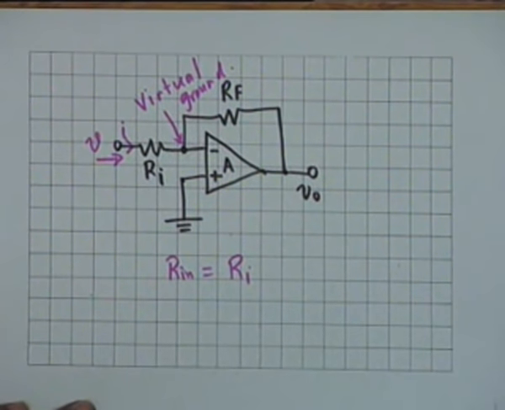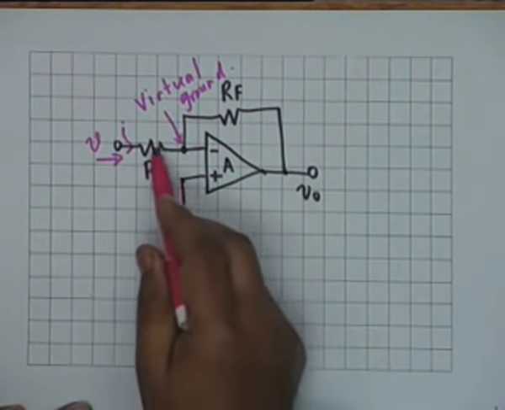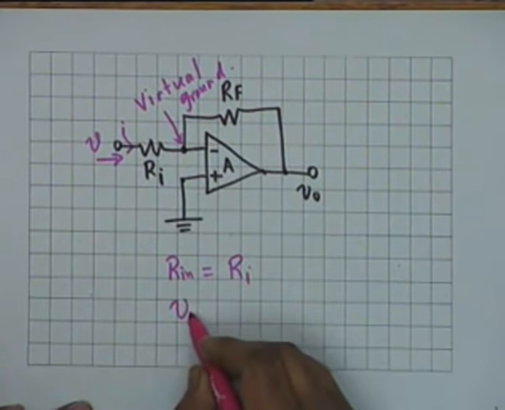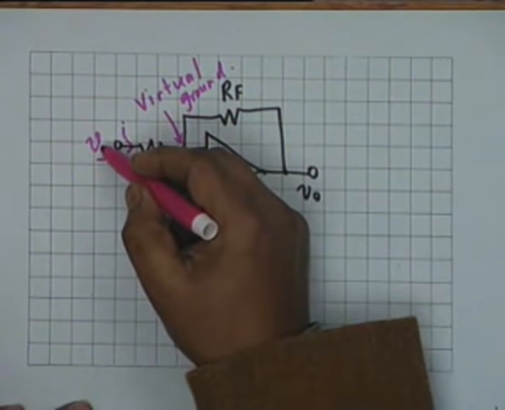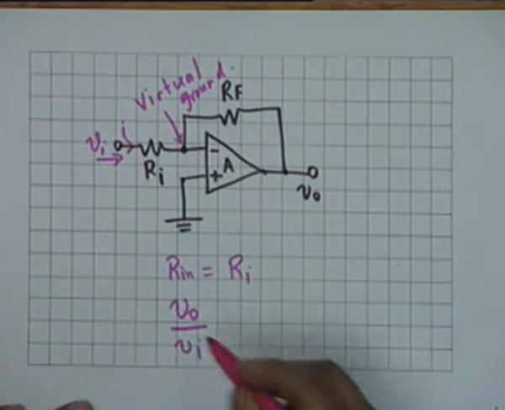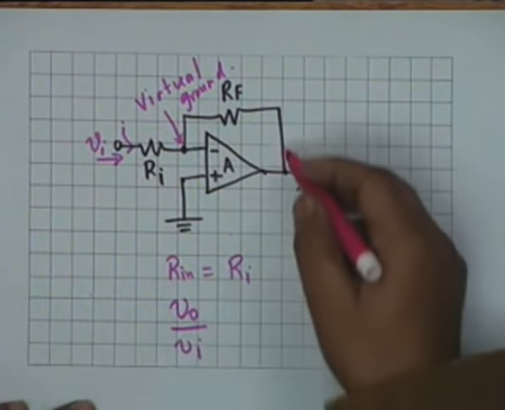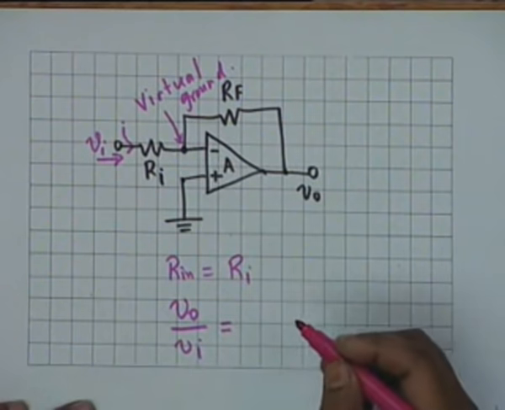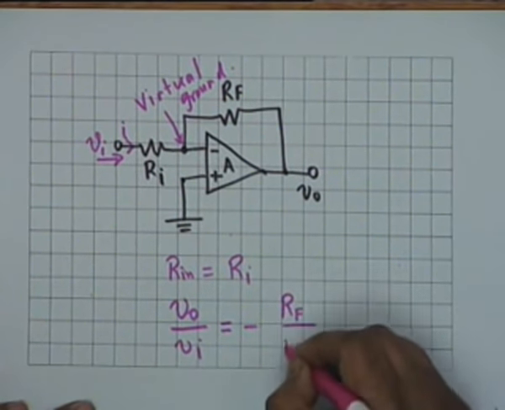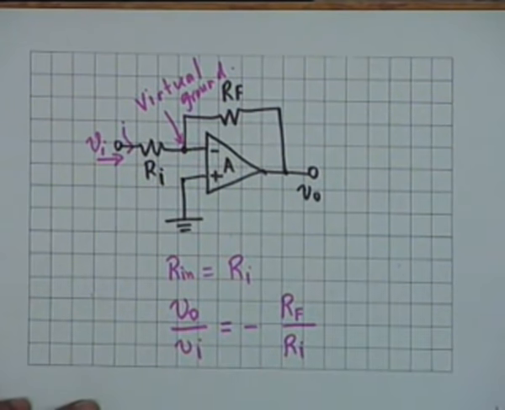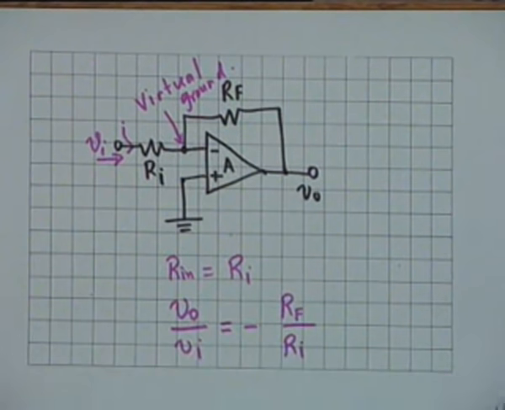The input resistance as faced by a source connected here shall be equal to this, and V0 by Vi, let us call this Vi, V0 by Vi, which is the gain of this configuration. We showed that this is equal to minus Rf divided by Ri. Alright, it is simply determined by two resistances.